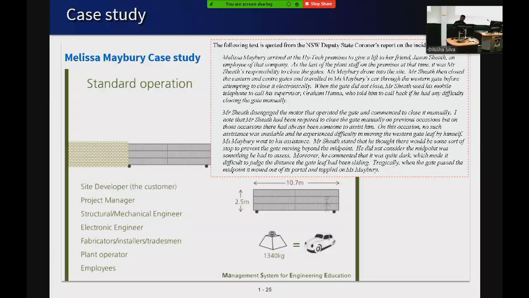Not exactly sure how this happened, but the young lady was standing next to the gate. The gate actually came off the rollers, and a 1.3 ton block of metal fell on her, and she died as a consequence.